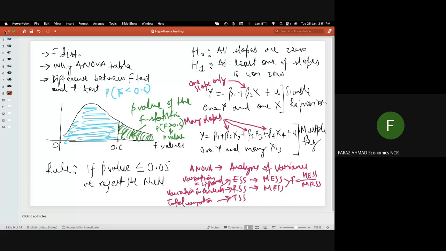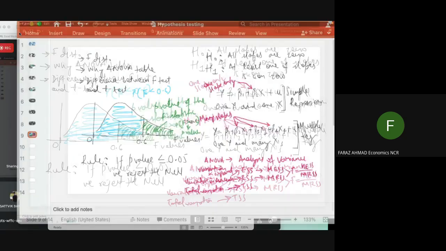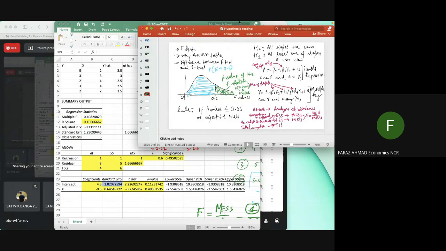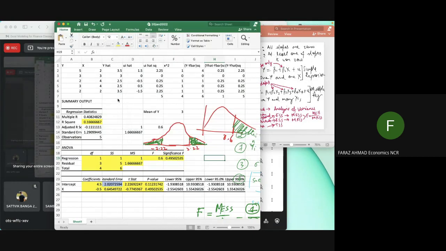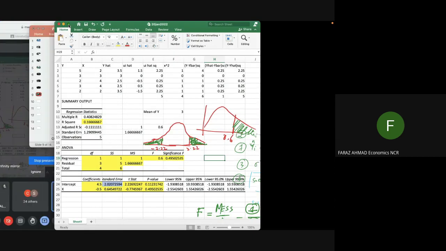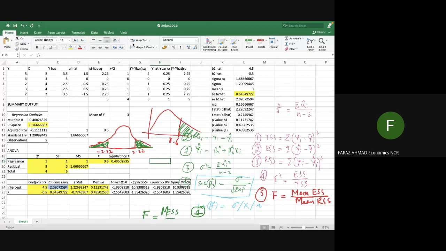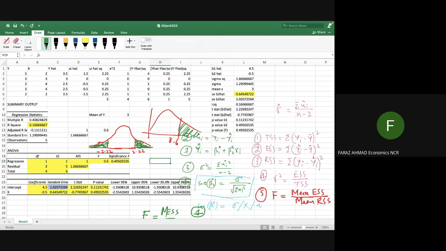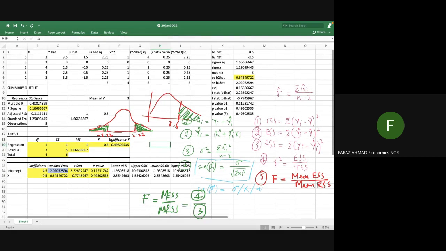Now coming back to the Excel sheet, there are 1 or 2 points that I want to explain. I'll take 5 minutes to explain that. What is your finding here? You can see the p-value of beta 1 is more than 0.05.